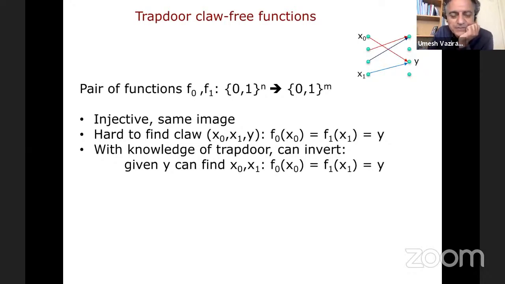Okay, so trapdoor claw-free functions. We are given a pair of functions mapping n bits to m bits. They are both injective functions, and we are going to assume that they have the same image, so that given any element in the range, there are exactly two pre-images.